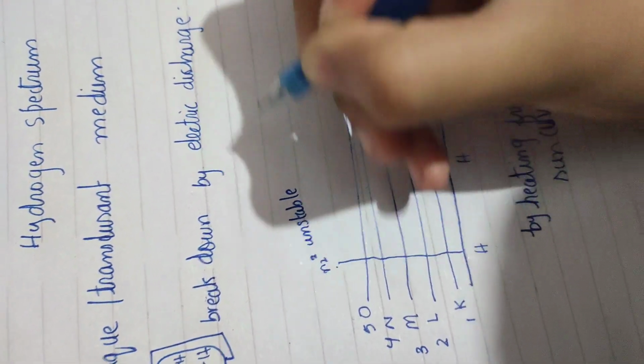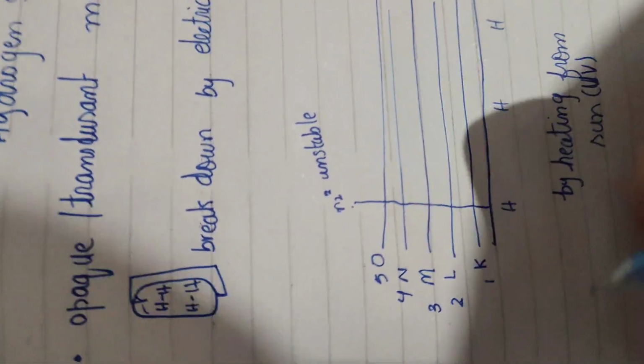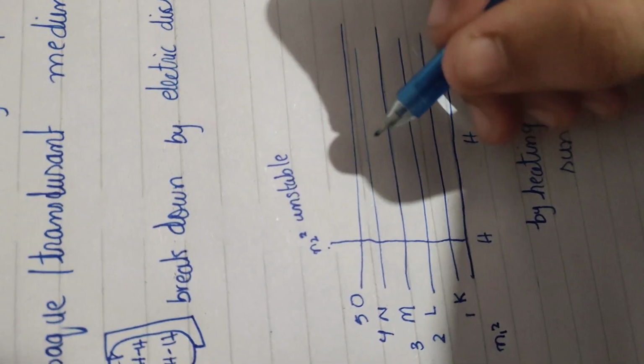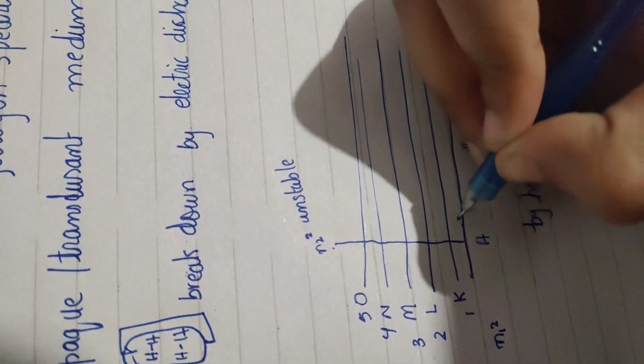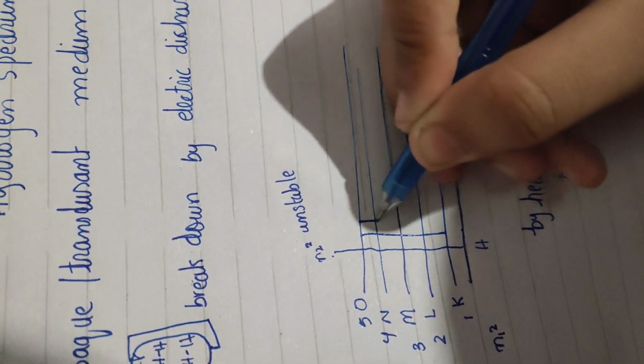All the hydrogen will go up, and this is the ground point. When they cool down, they will come back to the K shell.